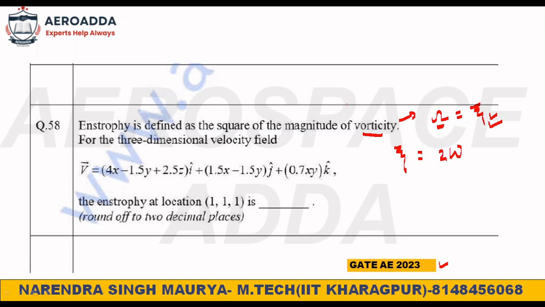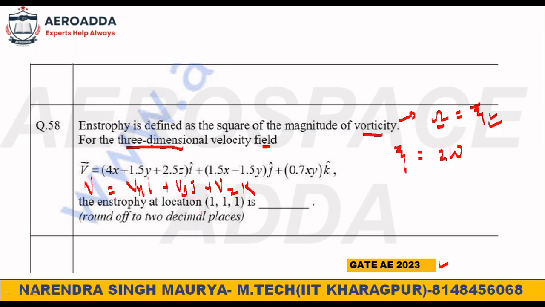Correct. So first you have written here magnitude of vorticity, right? For a three-dimensional velocity field. Now, if this is the velocity field v, think about it. This is nothing but vx i plus vy j plus vz k. Okay, this is the velocity. Now onward, because they have given x, y, z, it means it's a 3D flow, and it is clearly mentioned also 3D flow.